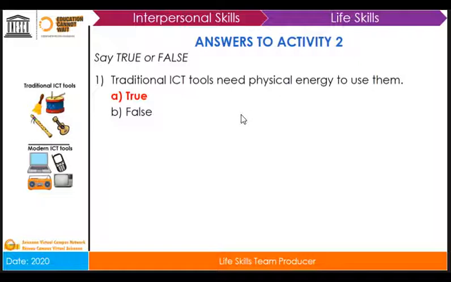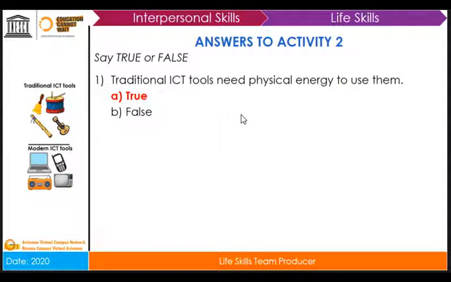Now, after critically thinking, I want you to join me as we answer the questions. Remember, the instruction is for you to say true or false. The correct answer for question 1, I'll take the question again: Traditional ICT tools need physical energy to use them.